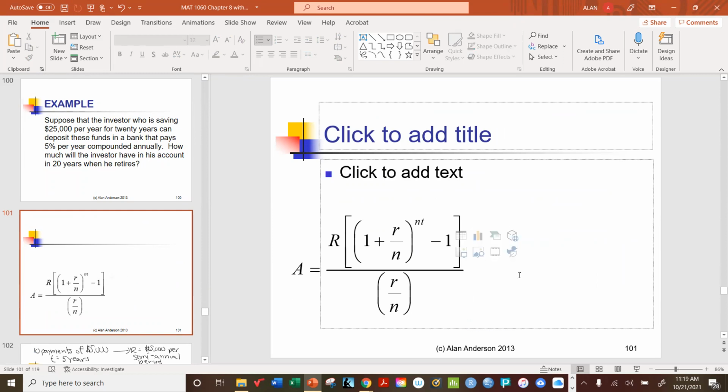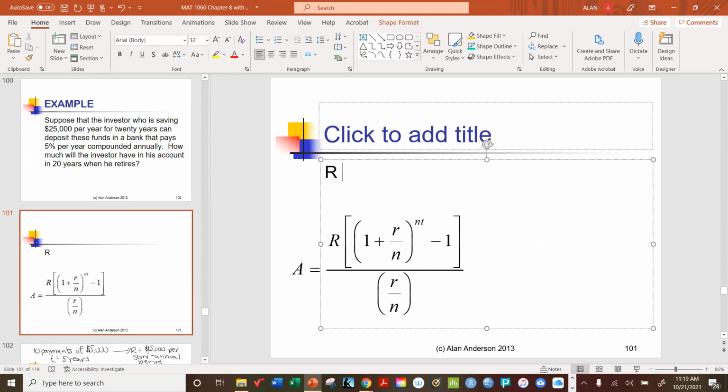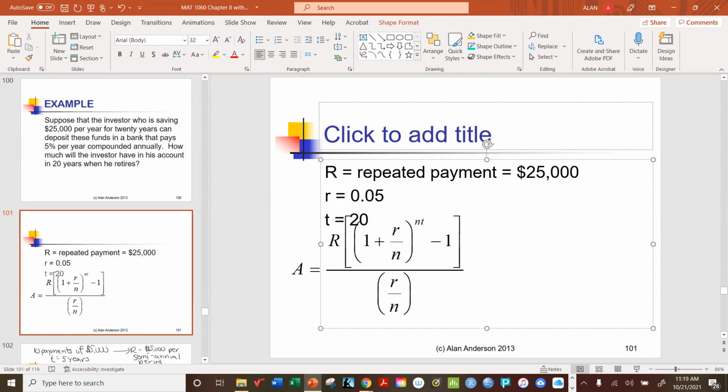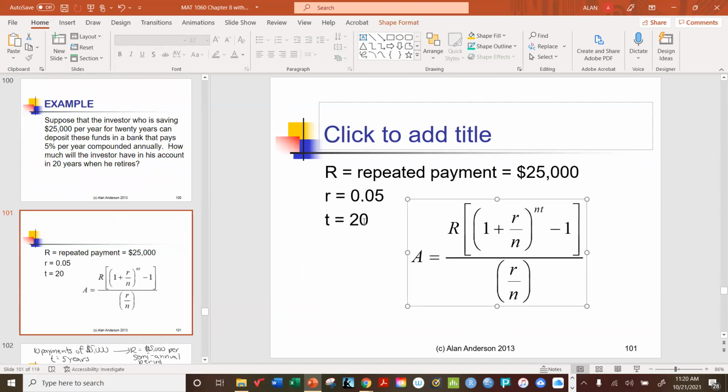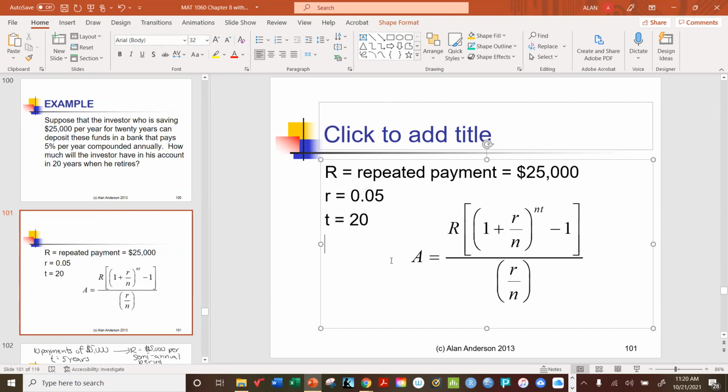All right, so first of all, let's remind ourselves that our repeated payment is $25,000 a year. The rate of interest is 5%. The money is going to be deposited for 20 years. And n is 1 because it's annual compounding.